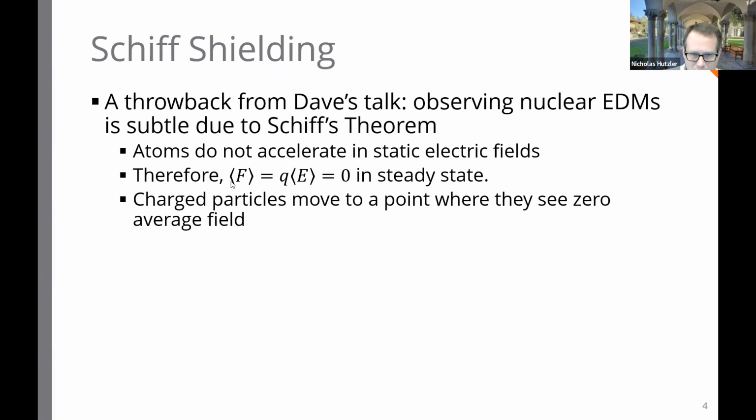Therefore, the average force, which arises from electrostatics, has to be zero in steady state. And therefore, the average electric field experienced by the constituents will be zero. So in other words, charged particles will always move to a point where they see zero average field. That's how ion traps work.